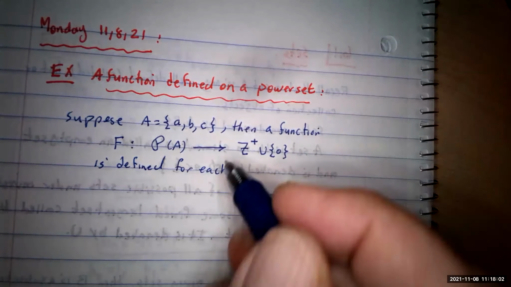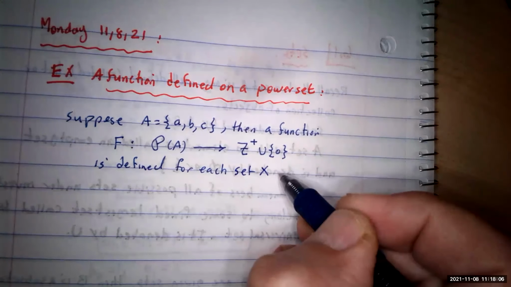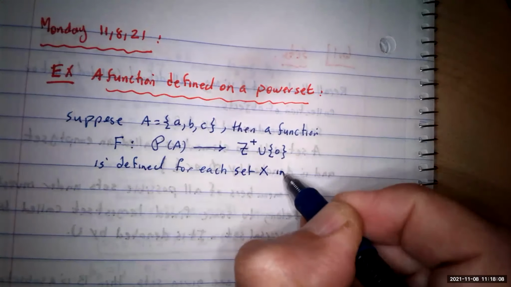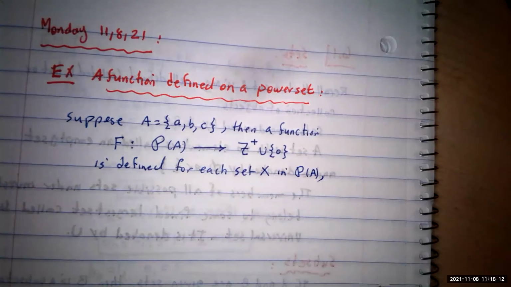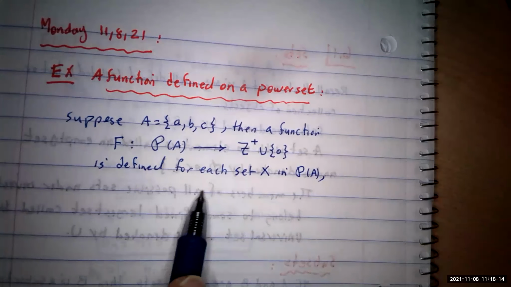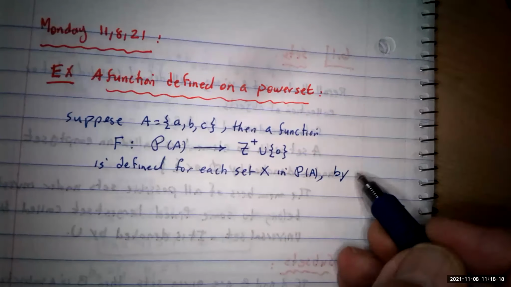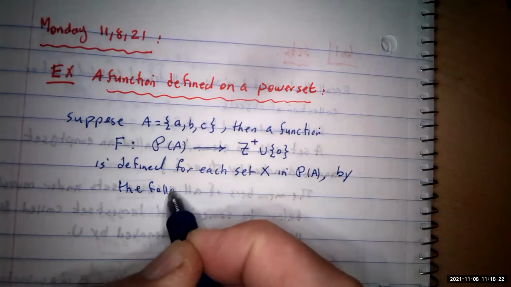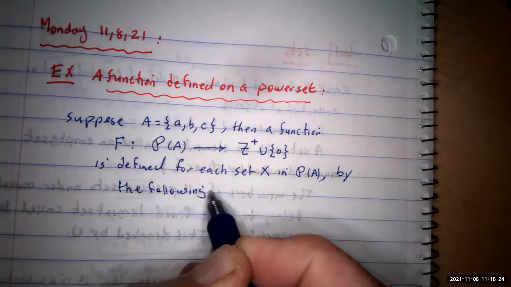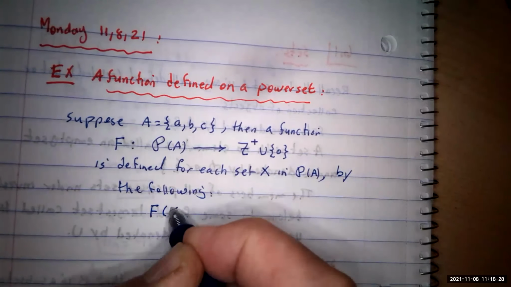So it is defined for each set x, not a number in x. The set x is in P of A, the power set of A, and f is defined for each set by the following statement or formula.